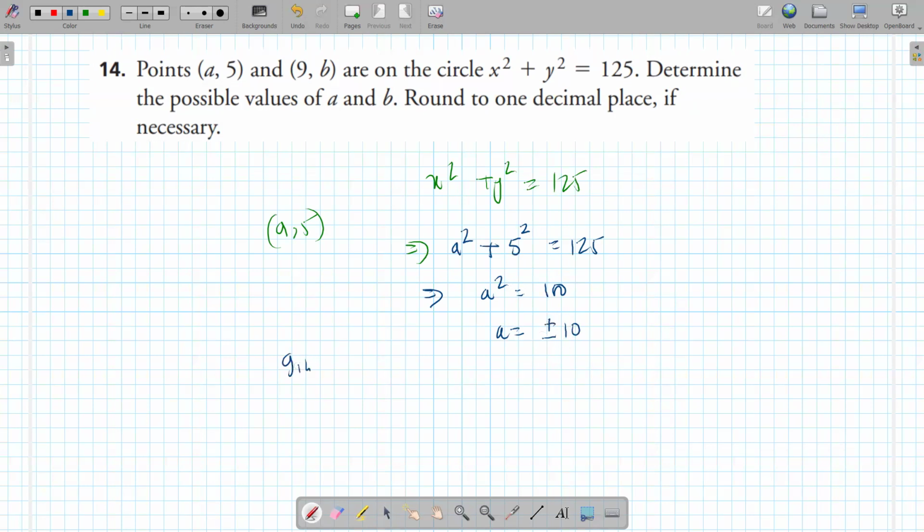Same thing with 9 comma b, we just plug it in. So this becomes 9 squared plus b squared equals 125. So b squared becomes 125 minus 81, which is 44. So what is b? If b squared is 44, what's b?